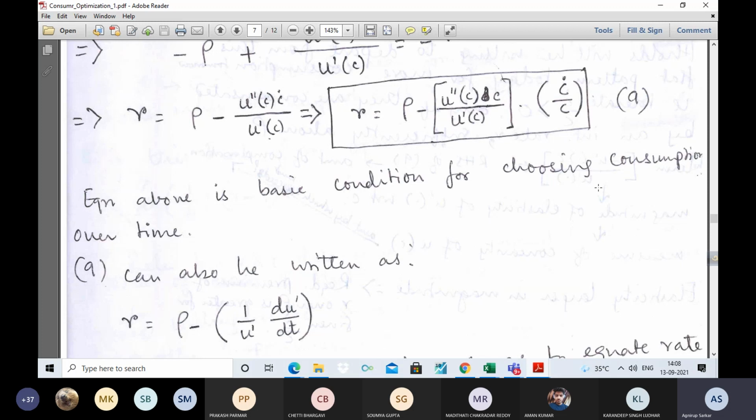So this setting is basically appropriate if you assume parents to be altruistic, right? So altruistic parents basically provide transfers to their children, and the children in turn do the same to their children, and so on, right? So the immortal family corresponds to finite lived individuals who are connected through a pattern of operative intergenerational transfers, and this is solely based on altruism.